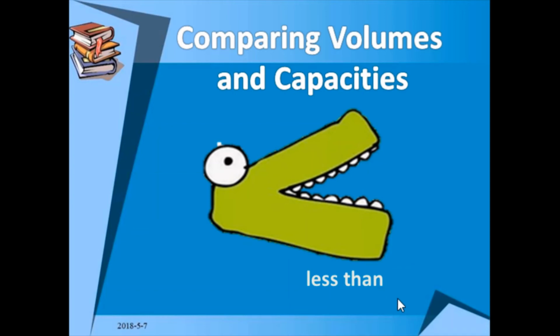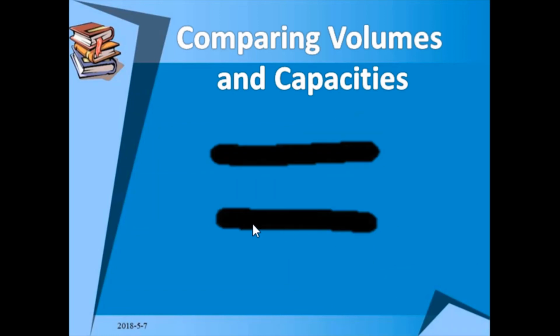And lastly, what is this? Good job. You have equal to. The same. Equal to means the same. So, as we go along the examples, we are not going to use the symbols. We are going to use the words so that you will be practiced. So you will be saying greater than, less than, and equal to.